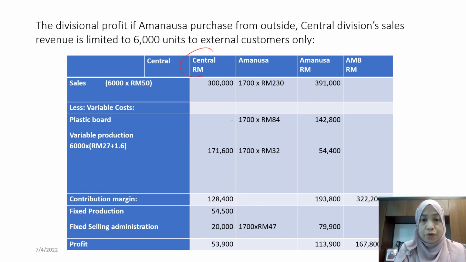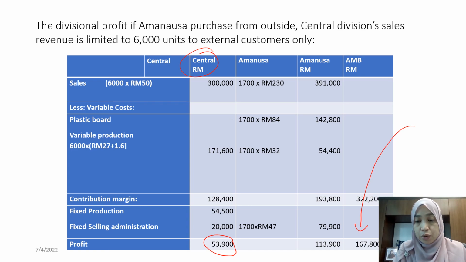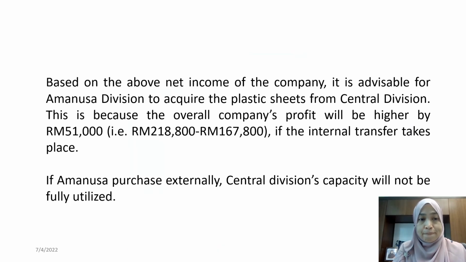Because profit for central division is reduced to 53,900. Furthermore, this division operates at 60% only, below their maximum capacity. That will definitely give effects on the overall company's performance, whereby profit for the company as a whole will reduce to 167,800 ringgit. Okay, that's all.